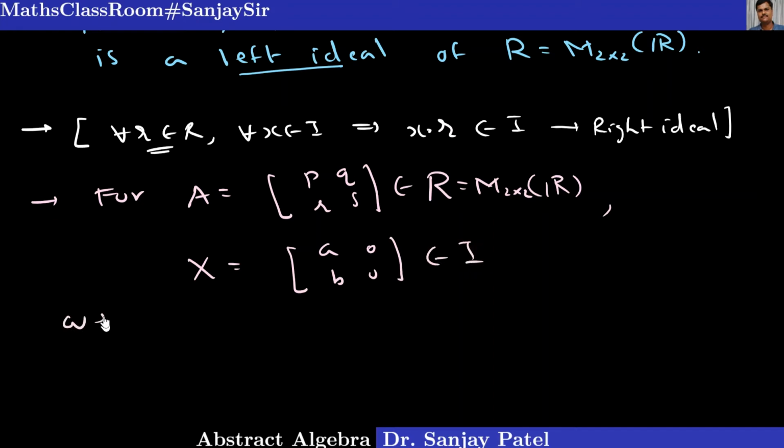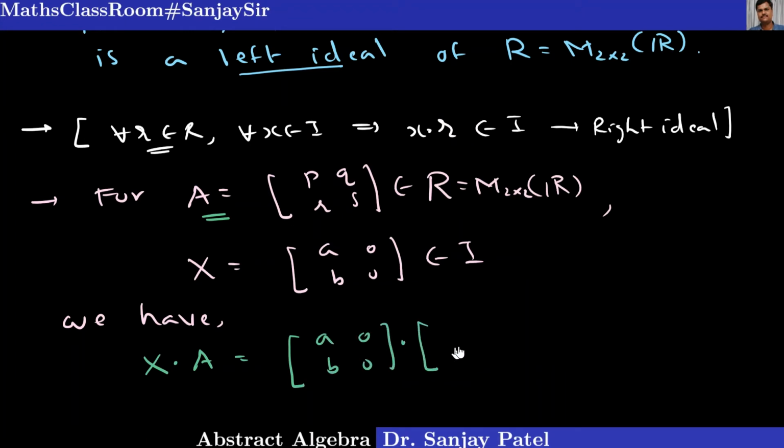We have, if I multiply these two in this order, the ring element I want to write now on the right hand side. So X into A. This A is the element of the ring R, while X is the element of the set I. So for right ideal, write the element of ring on the right hand side of the dot, that is multiplication sign. So X into A. X is AB00 and into this PQRS.